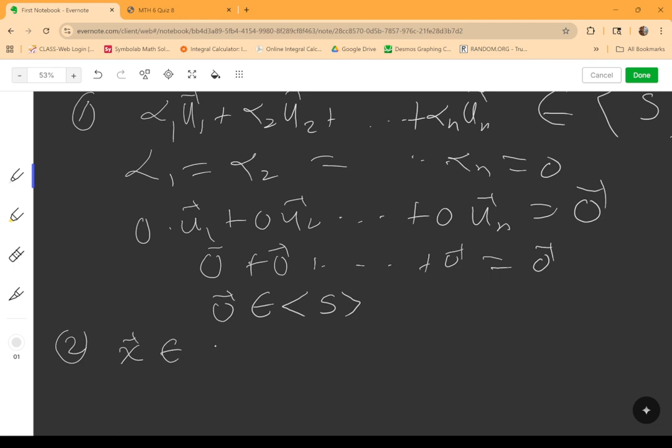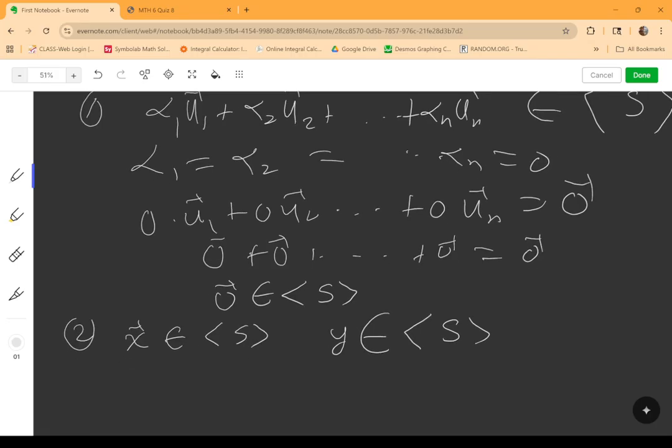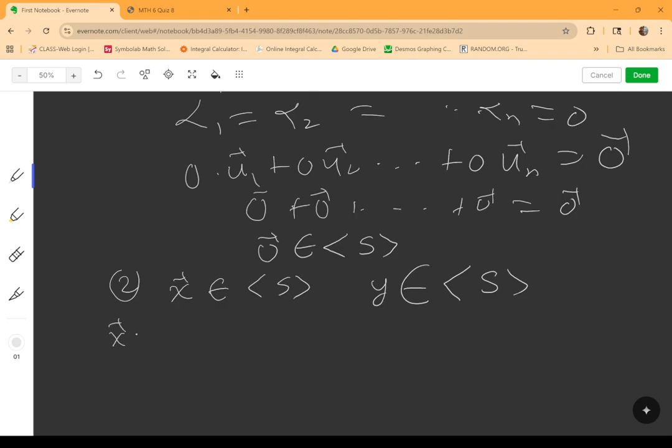Let x be an element of the span of S, and y be an element of the span of S. That means x can be written as some linear combination of the vectors in S, and y likewise with coefficients beta 1 through beta n.